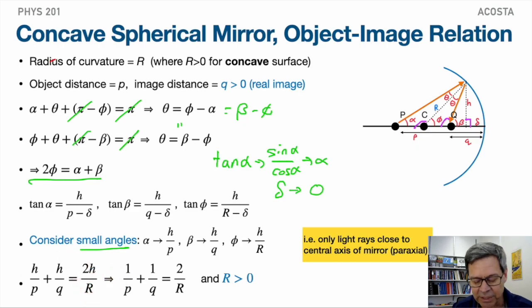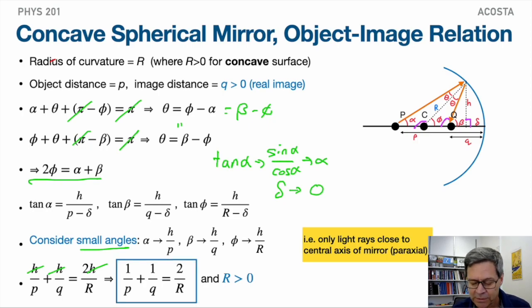So there's that relationship now expressed in terms of these distances: the height from the optical axis to where the reflection occurs on the mirror, the object and image distances p and q, and the radius of curvature r. Of course, immediately we can see that every term contains an h, so I can divide it out. And then I have this nice formula shown here in the box: 1 over p plus 1 over q is 2 over r.